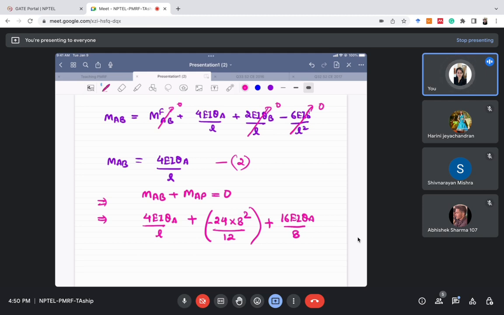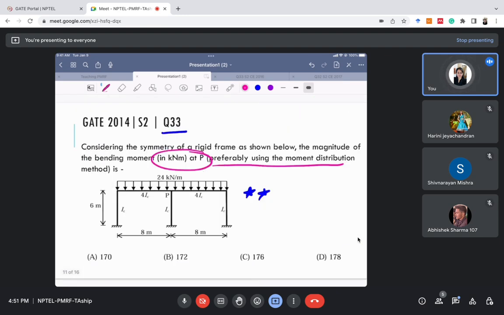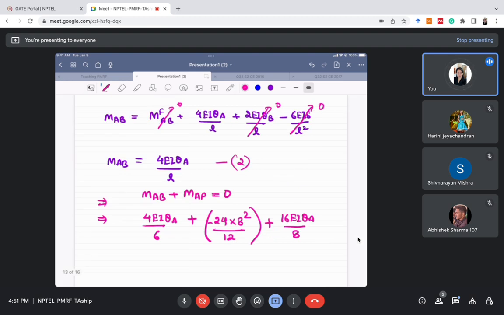I'm putting the values of lengths also here, so here it will be 6. Please remember that these two lengths are different. This is 6 meter and this is 8 meter. That is why I'm writing 6 and 8. So total equal to 0.